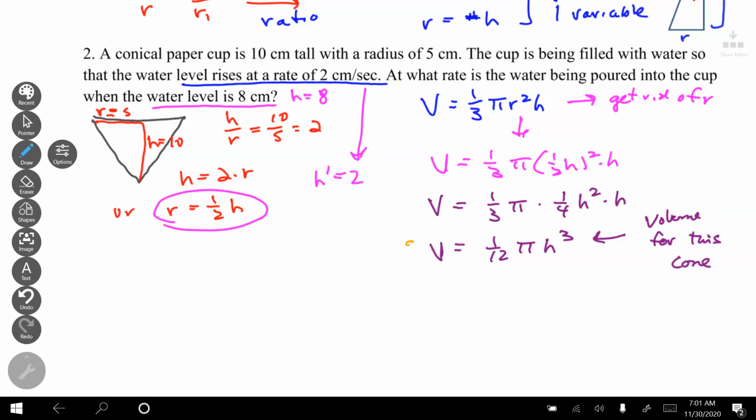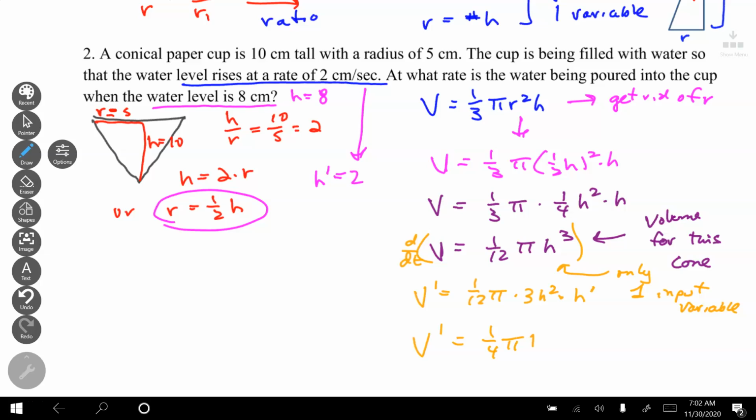Then I could take its derivative, and now I only have one input variable. I don't have to do product rule. So when I take this derivative, I get v prime is equal to 1/12 pi times 3h squared times h prime, or better yet, v prime is equal to 1/4 pi h squared times h prime.